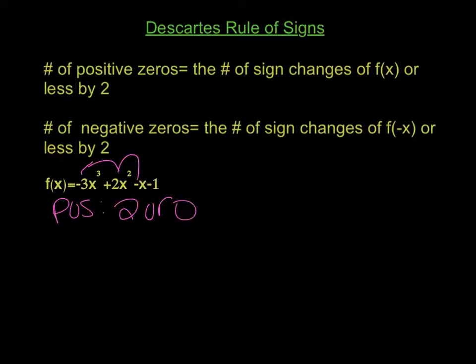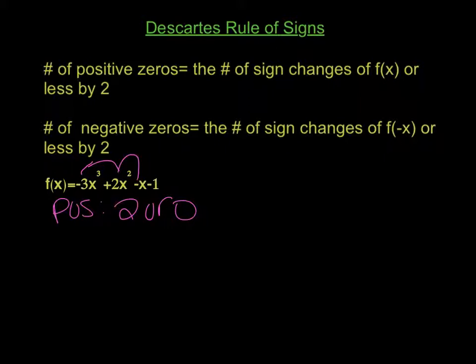So I either have 2 positive or I have no positive. So you've got one of those two choices. So, for example, when you're doing a problem, if you get positive 3 as one of your zeros, and you knew you had to have 2 positives, then it meant you had to find one more positive.